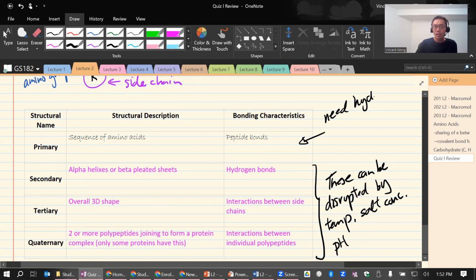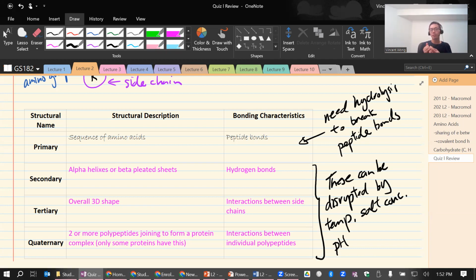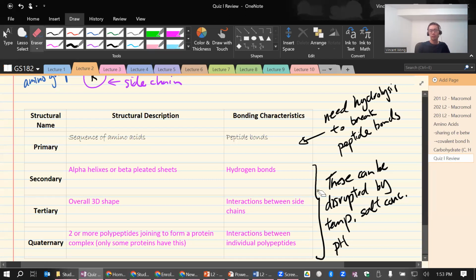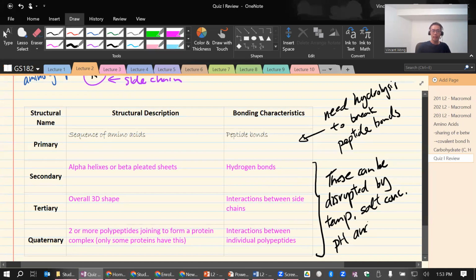Need hydrolysis to break the peptide bond. Okay? So heating a protein up will only disrupt the last three levels, right? And when you do that, you are denaturing the protein.